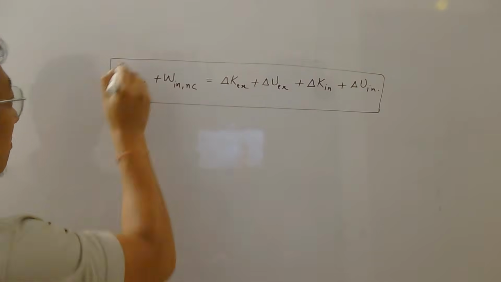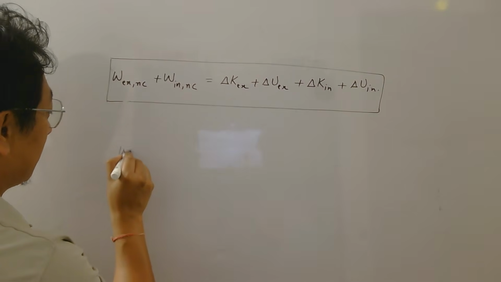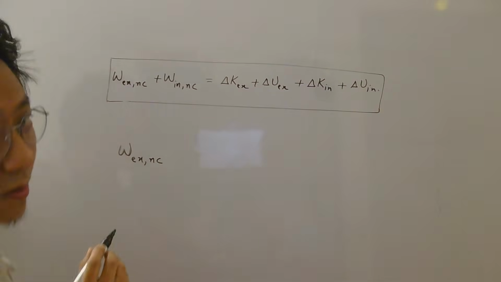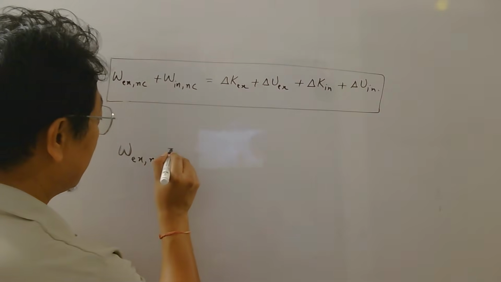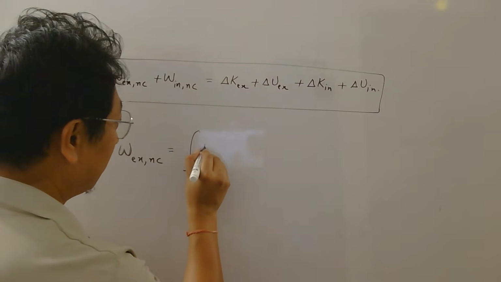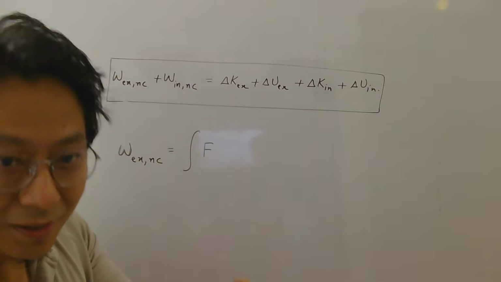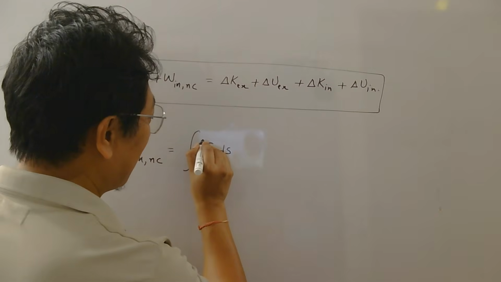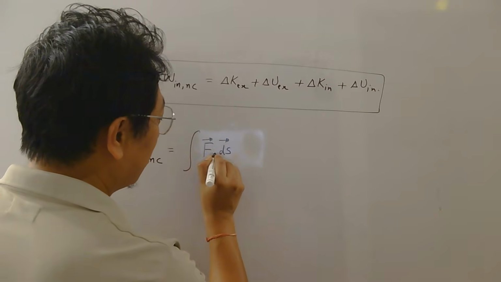Now focus on this part. Work done by external forces which are non-conservative. Now this can be written as integral of the force which is applied, the external force, and the small displacement, right? Technically, I have to put dot product.